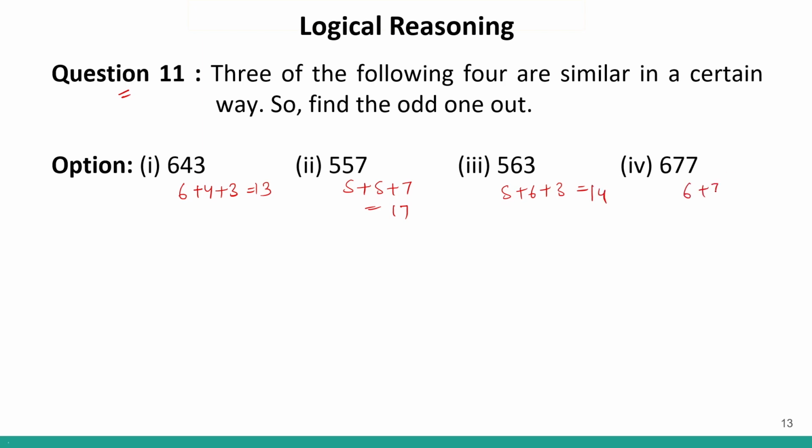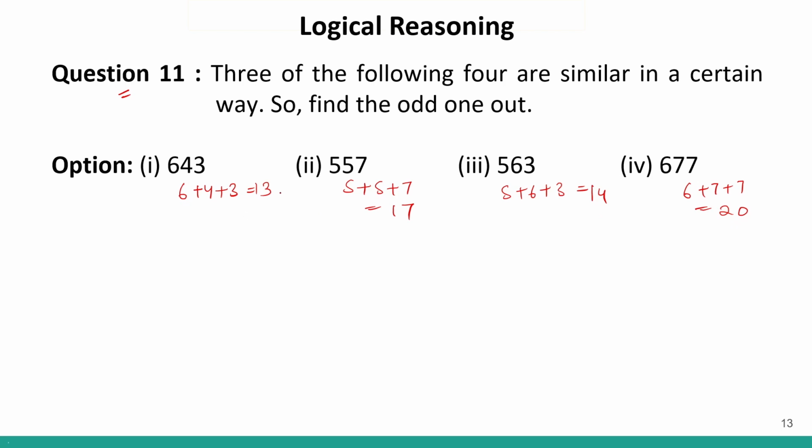And 6 plus 7 plus 7, so 7 plus 7 is 14 plus 6 is 20. Correct? Now when I look over here, I cannot figure it out, because these two are odd and these two are even. So I can't figure out the odd one out.